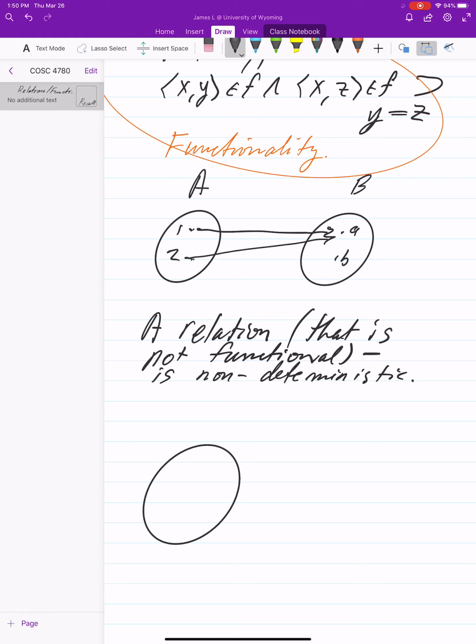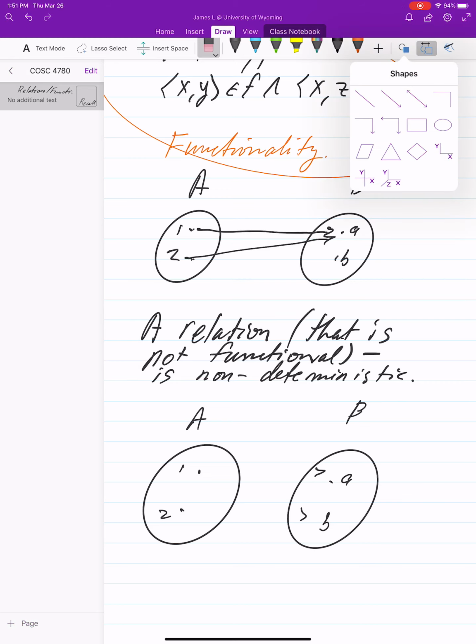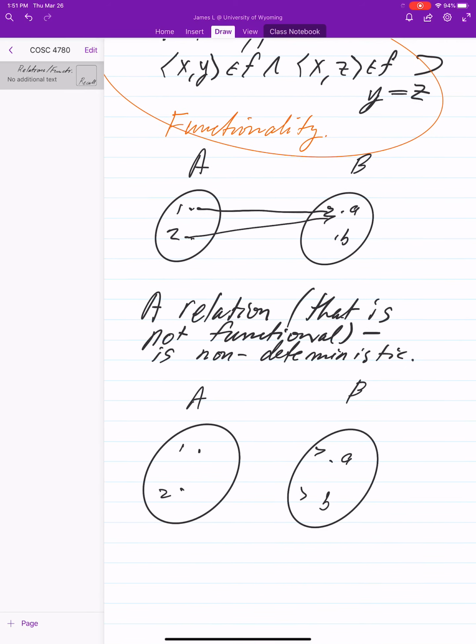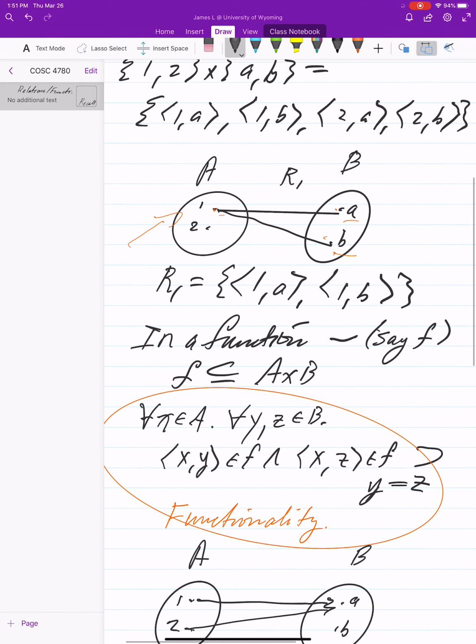In other words, from A to B, I could have 1 related to A and 1 related to B, and we could also have 2 related to B. So this is a perfectly sensible relation, as this one was up here.